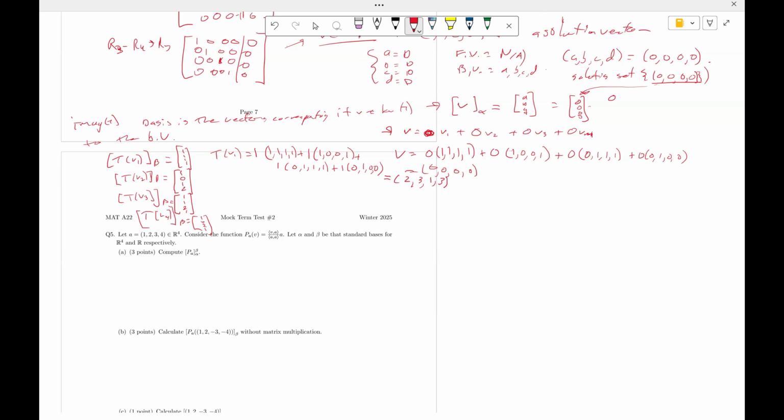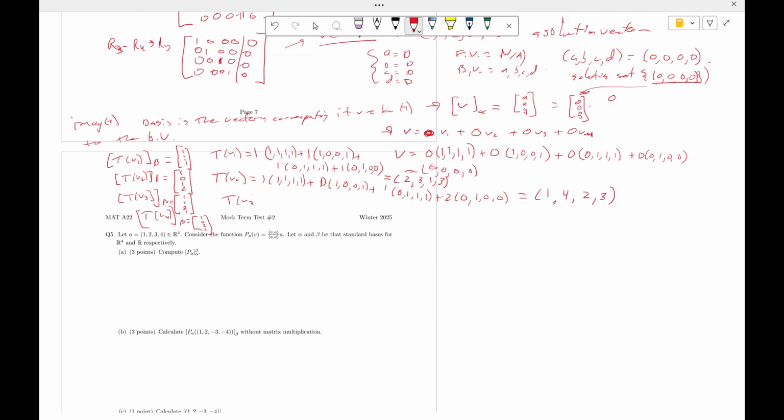So TV1 is 2, 3, 1, 3. TV2 is going to be 1 times the vector 1, 1, 1, 1, plus 0 times the vector 1, 0, 0, 1, plus 1 times the vector 0, 1, 1, 1, plus 2 times the vector 0, 1, 0, 0, which equals 1, 2, 2, 3.